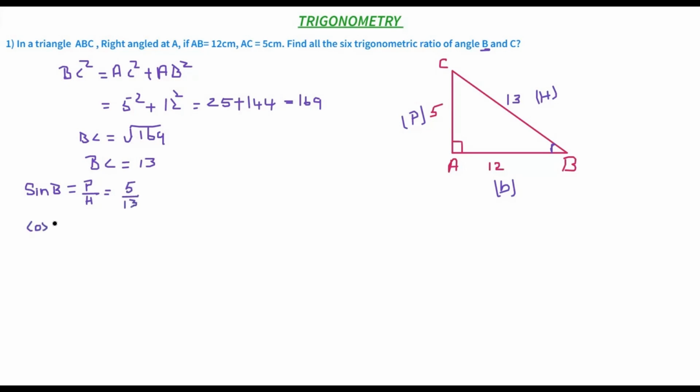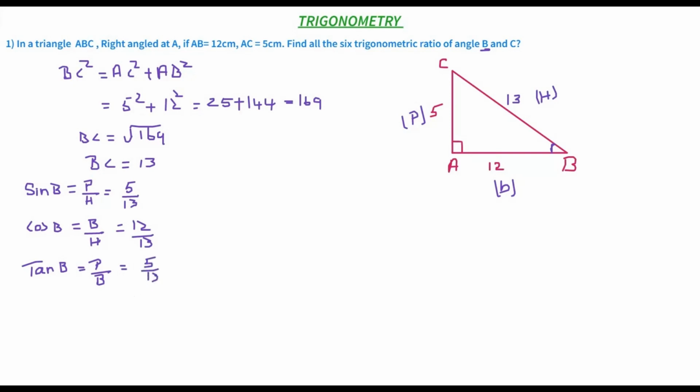Then cos B. What is cos B? Base by hypotenuse. What is our base here? 12. So 12 by 13. Then we are going to find tan B. What is tan B? Perpendicular by base. So tan B is 5 by 12.